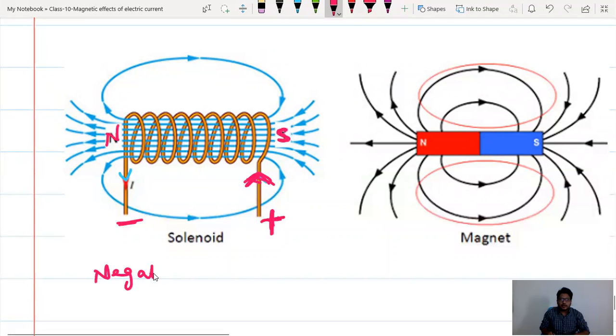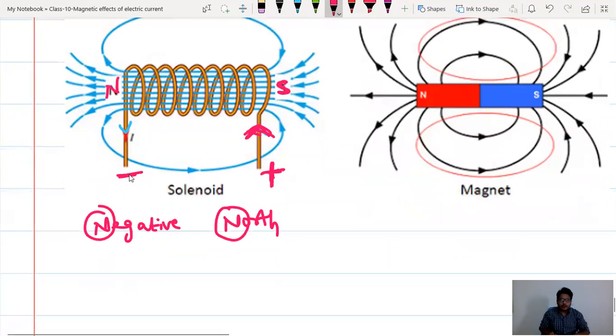If it is negative, you can get the north pole. Negative starts with n, north pole starts with n, like that you can remember. So the negative terminal side, please represent the north pole. If it is the positive terminal, please represent the south pole. Electricity will pass, and that current will come out from the north.